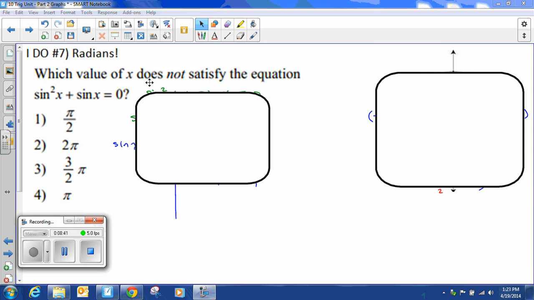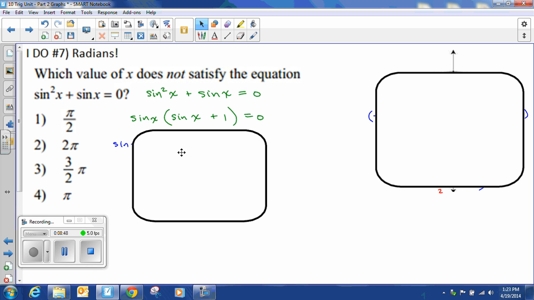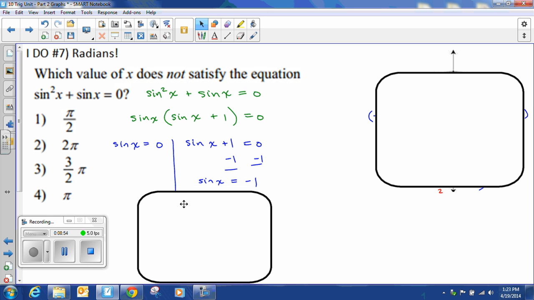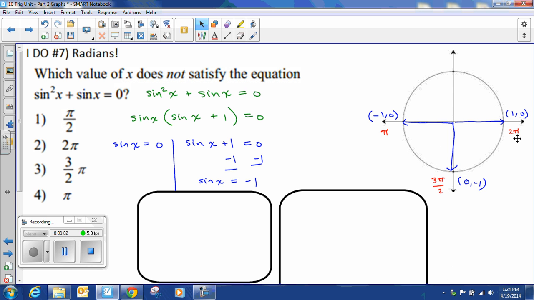Which value of x does not satisfy the equation sine squared x plus sine x equals 0? So we factor out sine x. We set each factor equal to 0. And we end up with sine x equals 0 and sine x equals -1. Well, draw a unit circle. And as you can see, sine is -1 down here, 3 pi over 2.